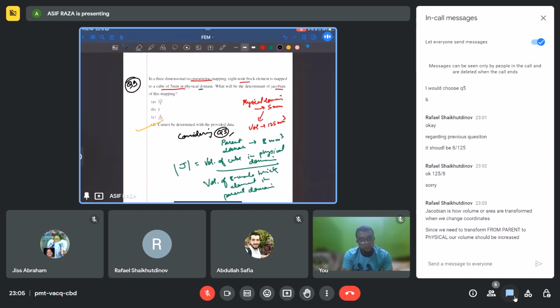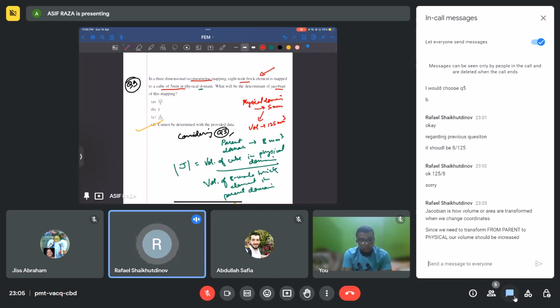The question is, in a 3-dimensional isoparametric mapping, an 8-node brick element is mapped to a cube of 5 mm in the physical domain. It's saying 8-node brick element. It is not saying whether it's in the natural coordinate system. It can be a general brick.